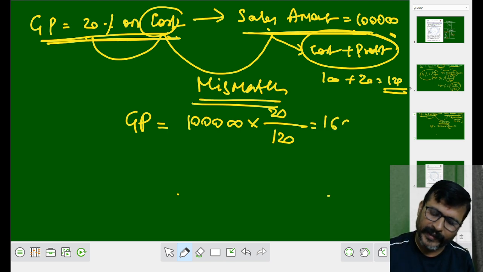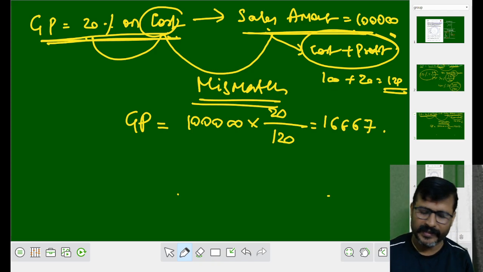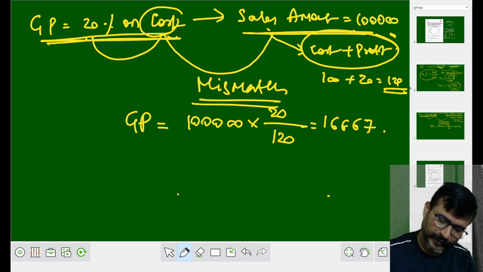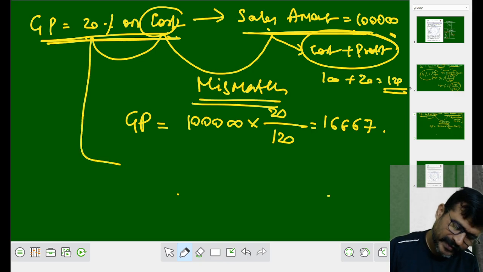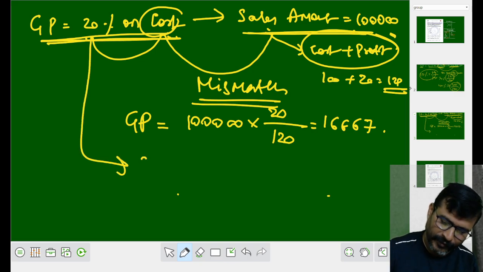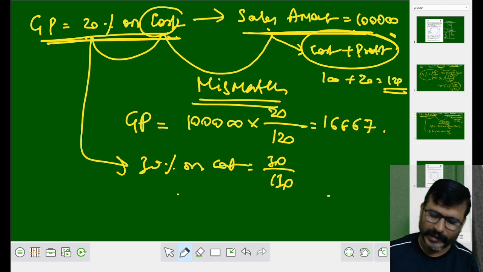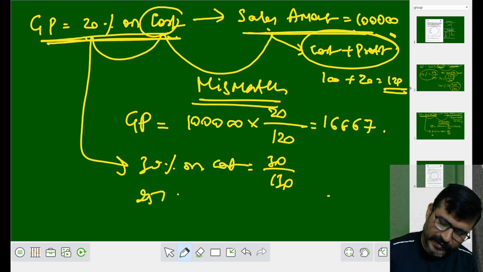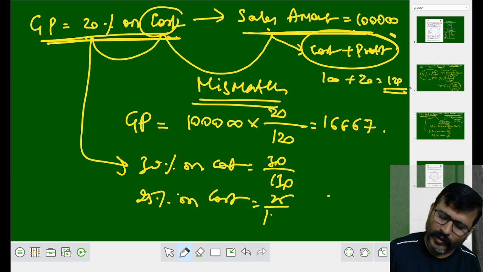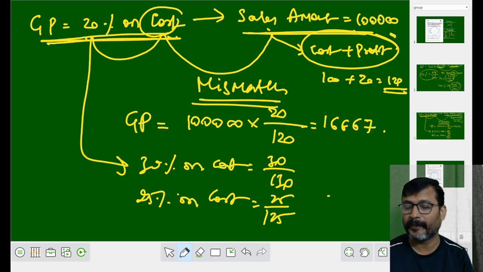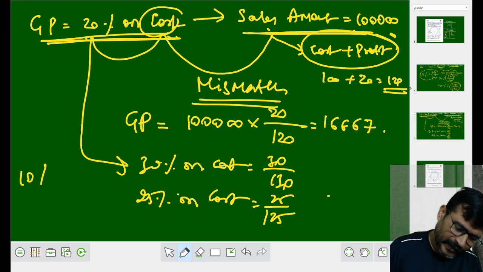I think we are getting 16,667. If gross profit is, instead of 20, if it is 30% on cost, then 30 by 130. If it is 25% on cost, 25 by 125. If it is 10% on cost, 10 by 110.